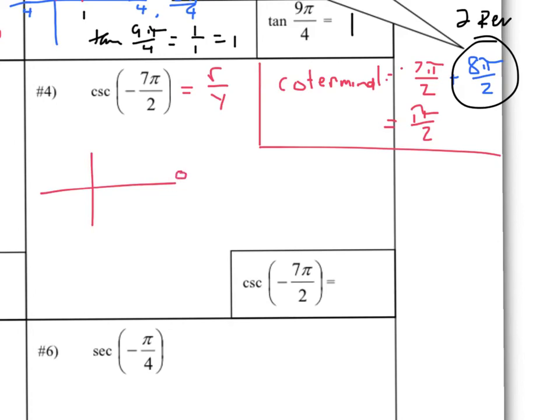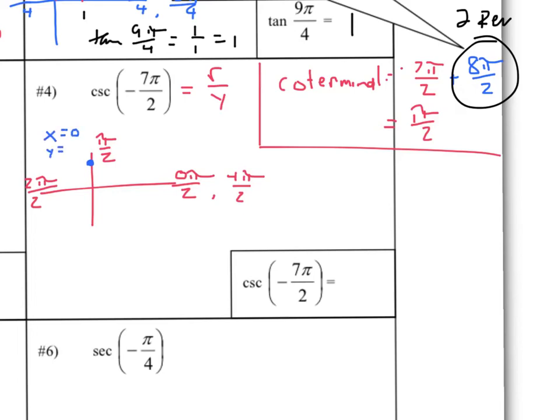So if I start here at 0 to pi over 2, a complete revolution is 4 pi over 2. Half a revolution, I should say, is 2 pi over 2. Halfway between 0 and 2 is pi over 2. So the angle that we're doing for this problem is actually a quadrantal angle. It's at 90 degrees, or pi over 2. At that location, x is 0.